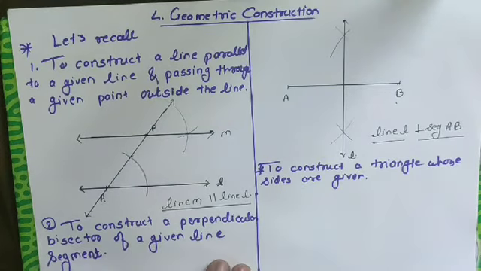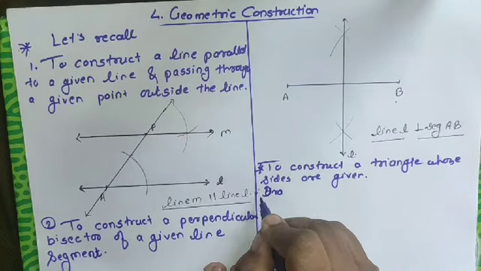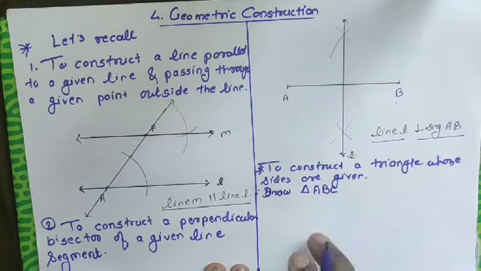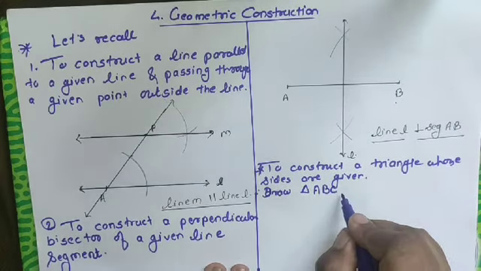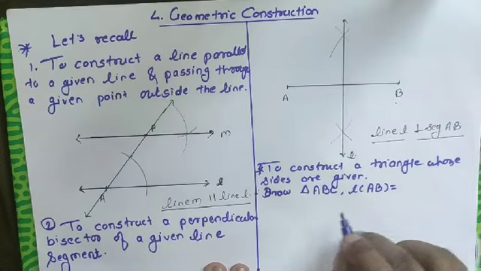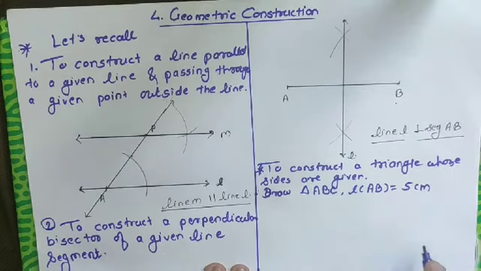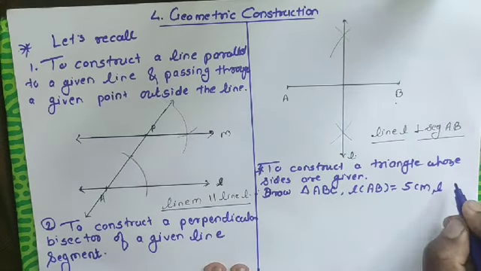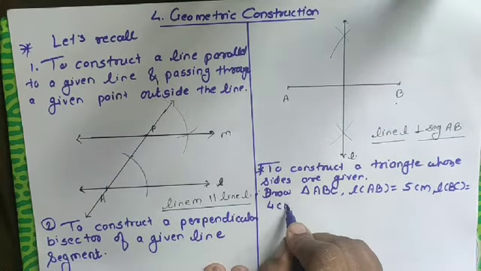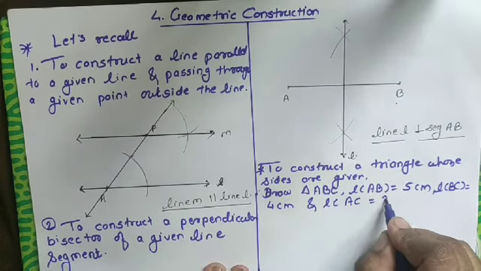Draw triangle ABC. Length of AB is equal to 5 centimeter, length of BC is equal to 4 centimeter, and length of AC is equal to 3 centimeter.